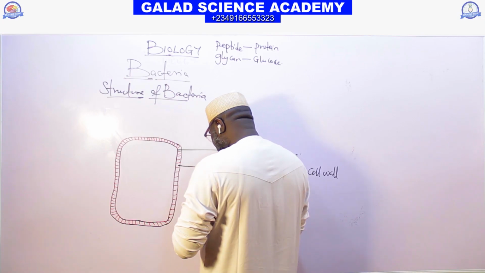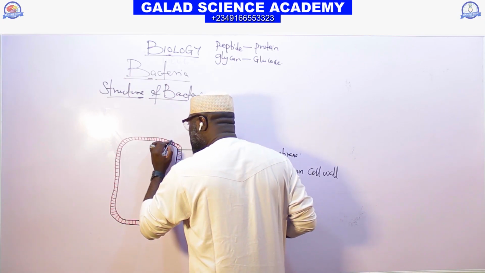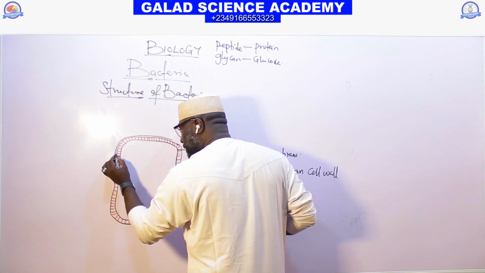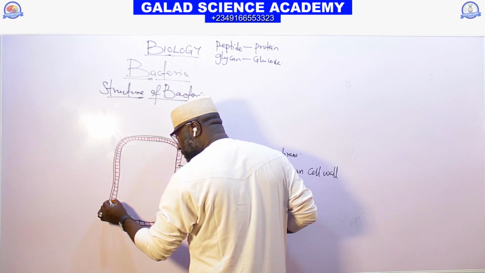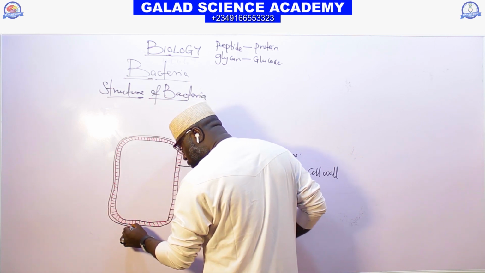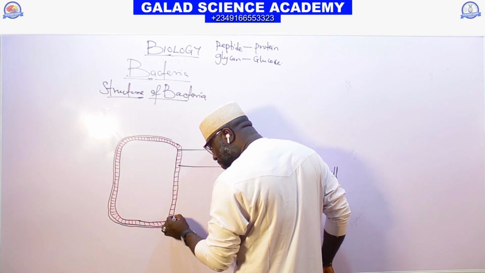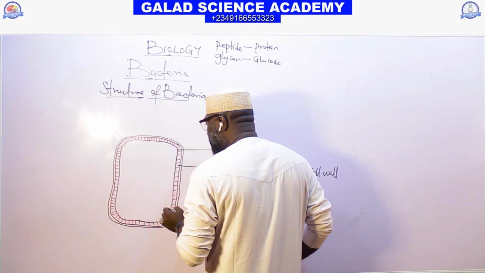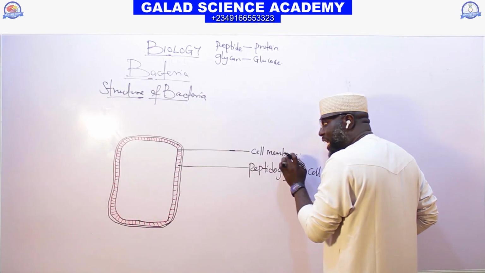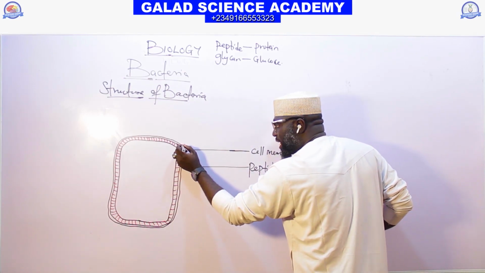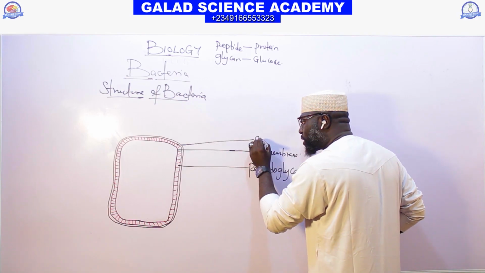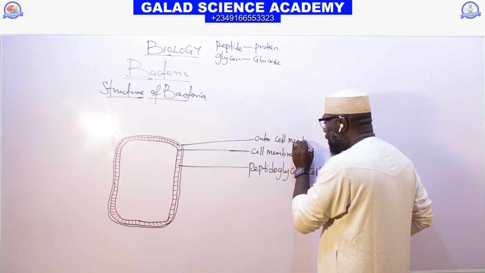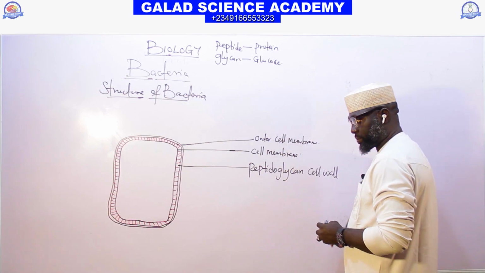And after that, we have another layer here. This one is what we call the outer cell membrane. So this one is the inner cell membrane, and the second layer here we call the outer cell membrane.